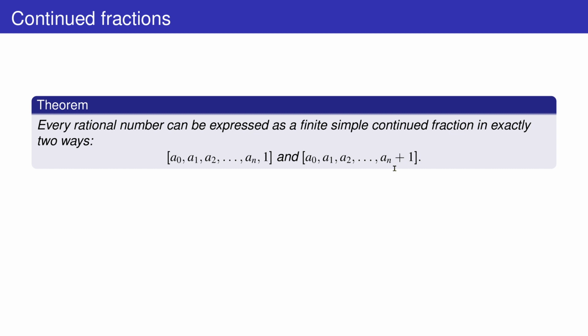The last term is strictly greater than 1. And they're related by the fact that the one that ends with a 1 is related to the other one by, well, we just add 1 to the previous term, as it were, and stop there rather than carrying on to the 1. Once you think about this, it's fairly straightforward to see why.